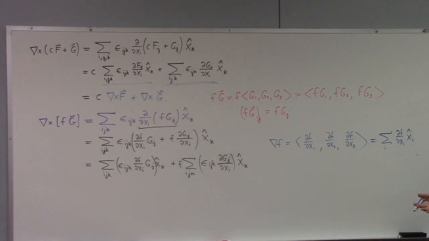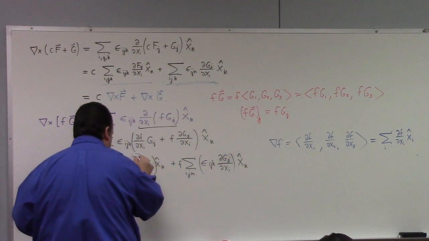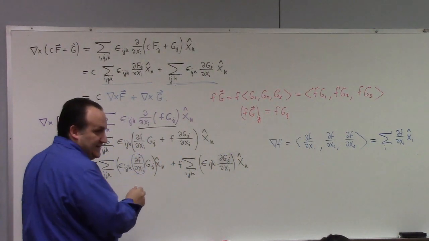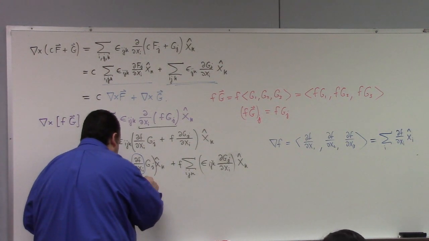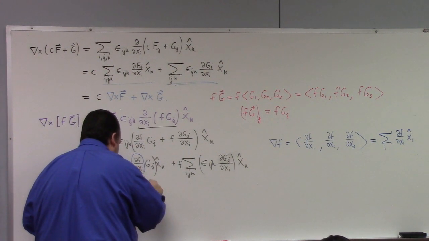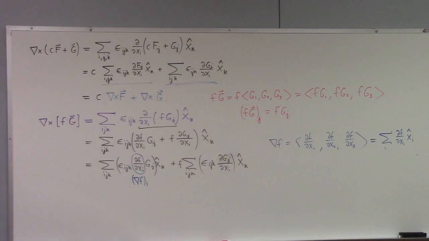But anyway, my larger point to you is simply this. This right here is what? That's exactly the gradient of f. It's the gradient of the scalar function f. It's the ith component of the gradient. See that? So let's interpret what we have.